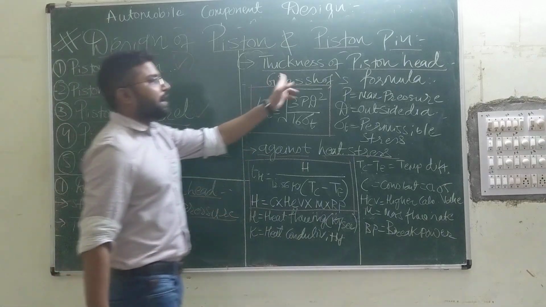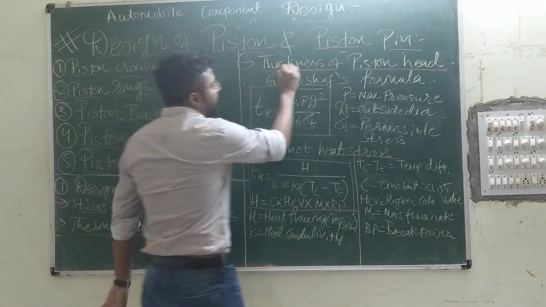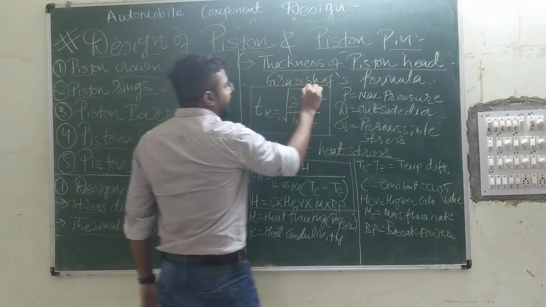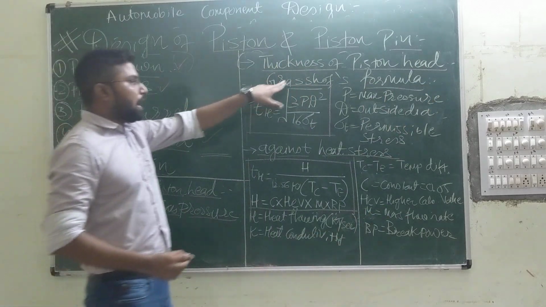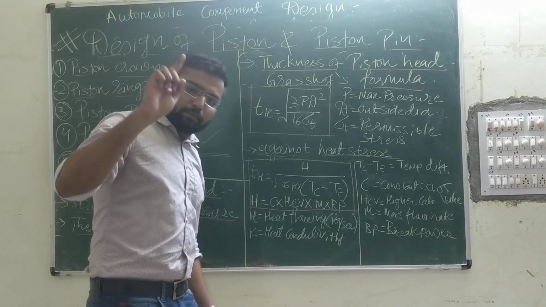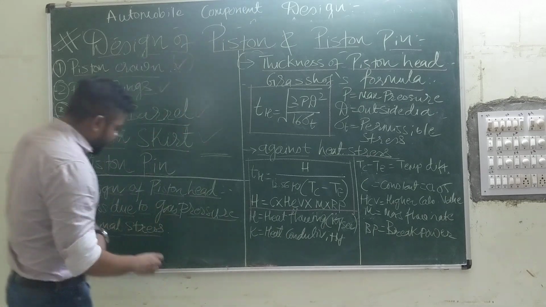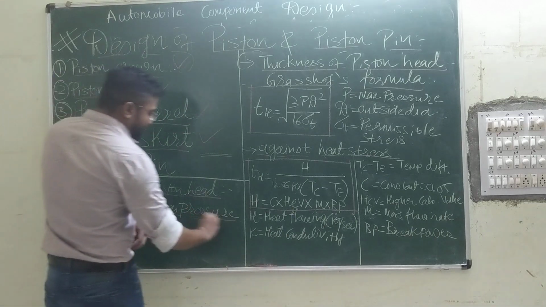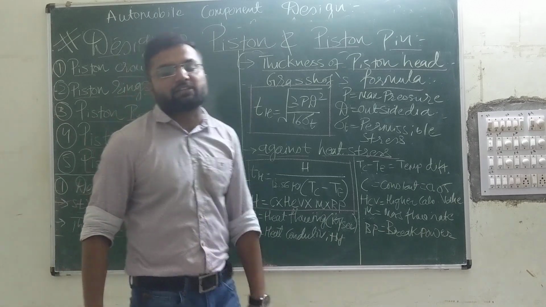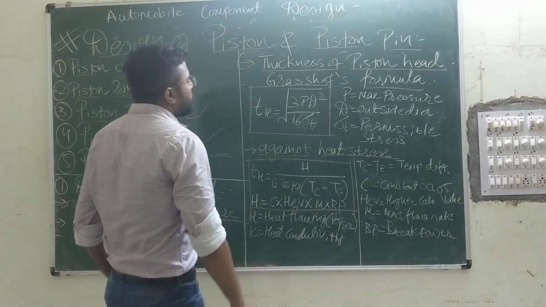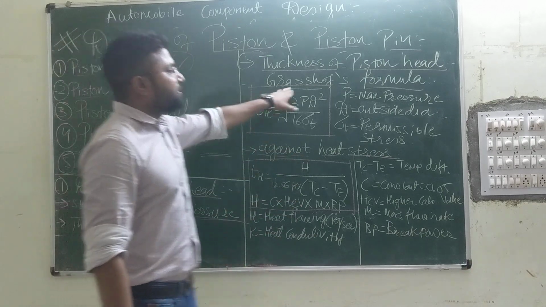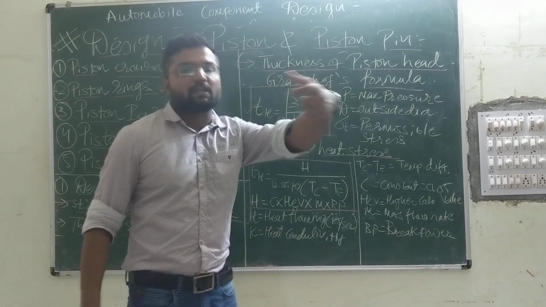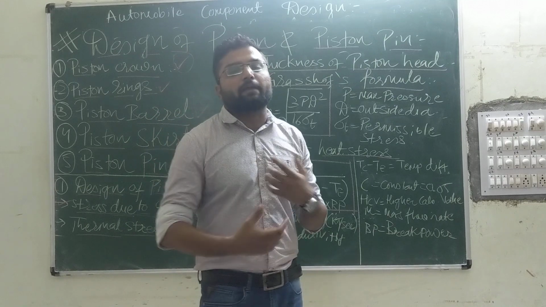So first of all, we are going to design the thickness of the piston head using Grashof's formula. Grashof's formula for piston head thickness deals with stress due to gas pressure, or you can say direct stress due to gas pressure. We have an empirical formula, which means it is developed by experimentation.